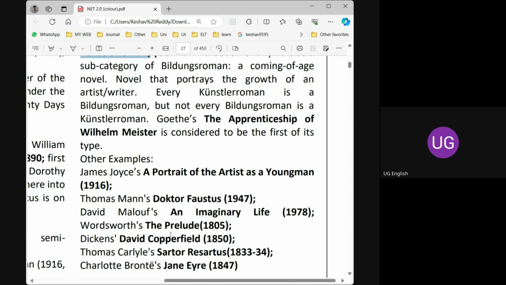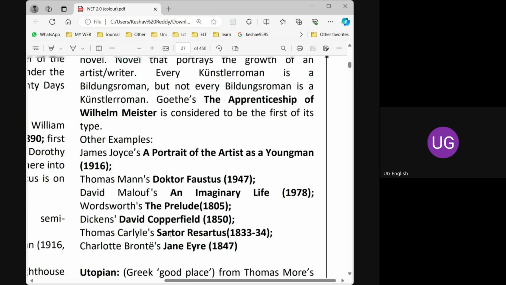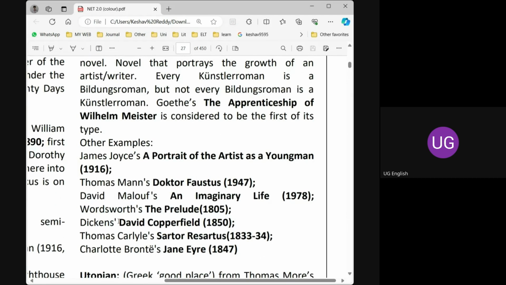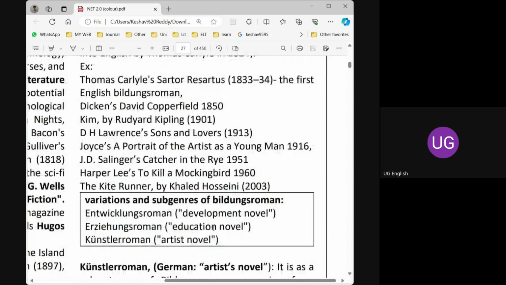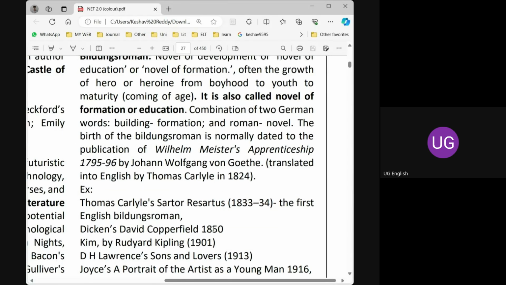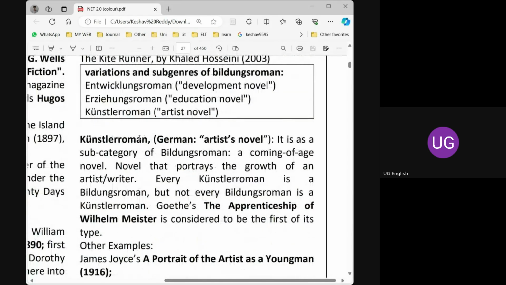So here, if the hero is an artist, if the hero is a writer, for example, David Copperfield, a well-known novel, the story of Dickens himself, that's why David Copperfield can be called a Kunstlerroman as well as a Bildungsroman. So the main difference is that Kunstlerroman is a subgenre of the Bildungsroman. In simple terms, all Kunstlerroman novels are also Bildungsromans, but the reverse is not right.